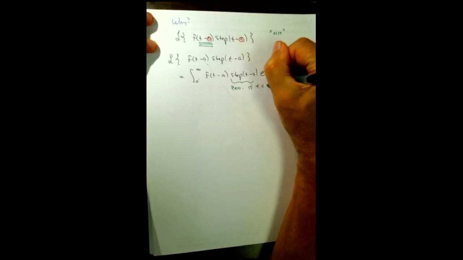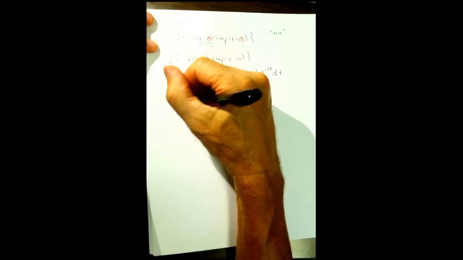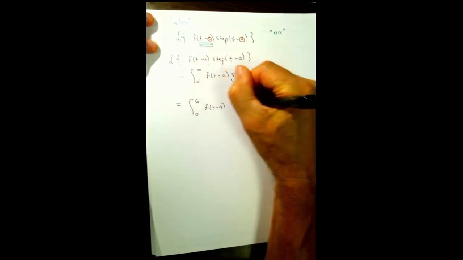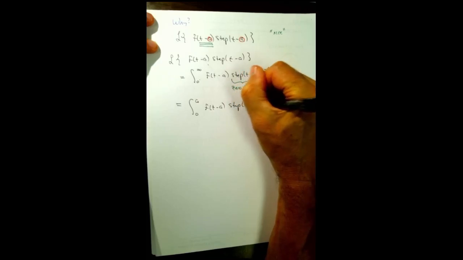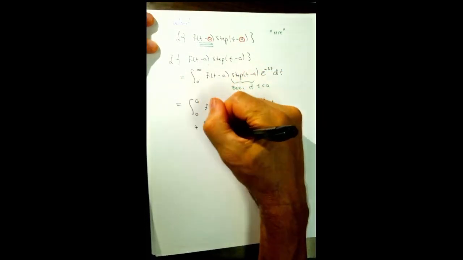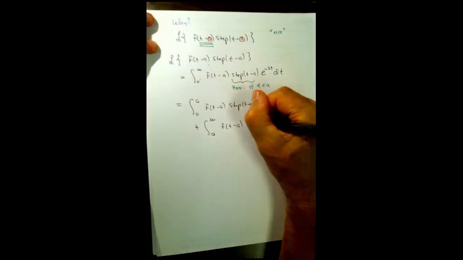If t is less than a, this thing is 0. So I can write this as the integral from 0 to a plus the integral from a to infinity of the exact same thing.